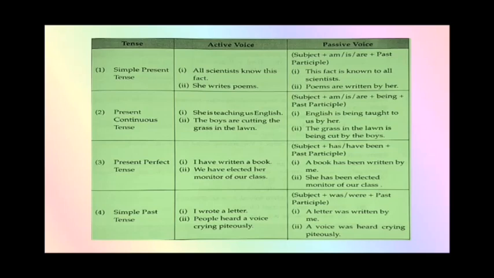The first sentence is, I wrote a letter, under active voice. While changing into a passive voice, the rule to follow is subject plus was, were plus past participle. The first sentence becomes: a letter was written by me.